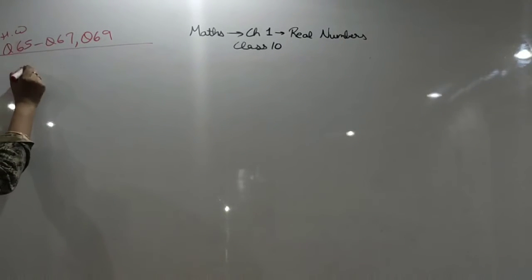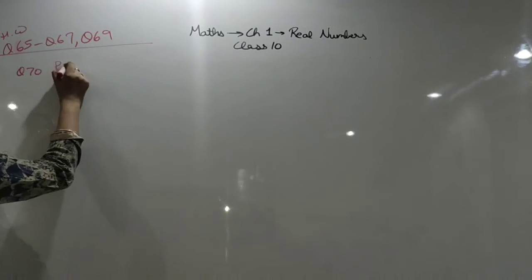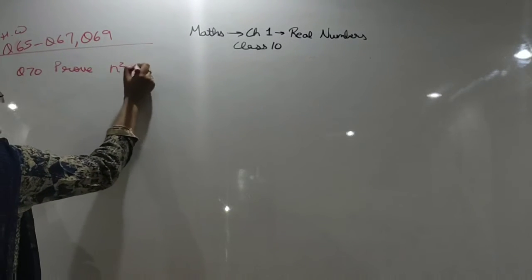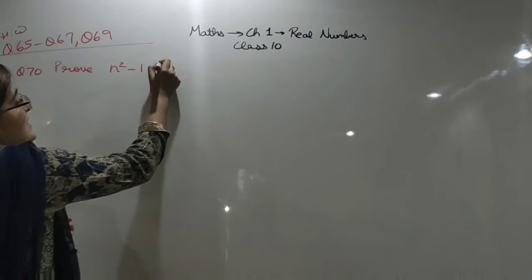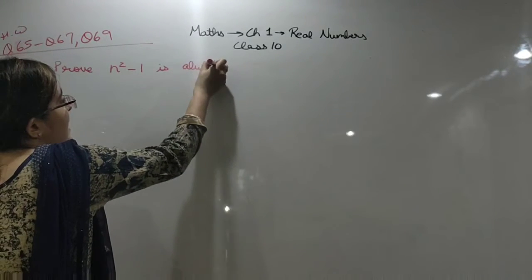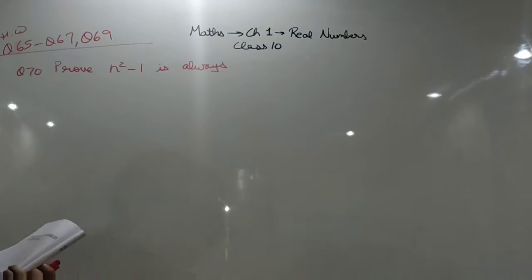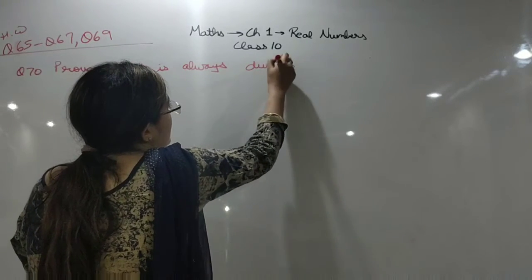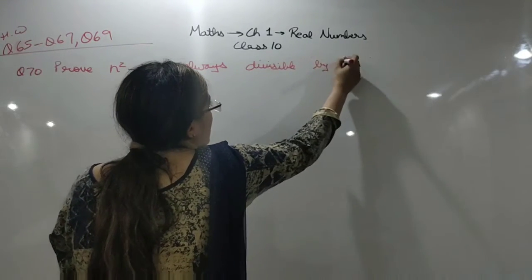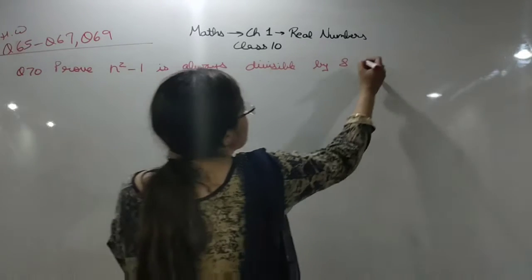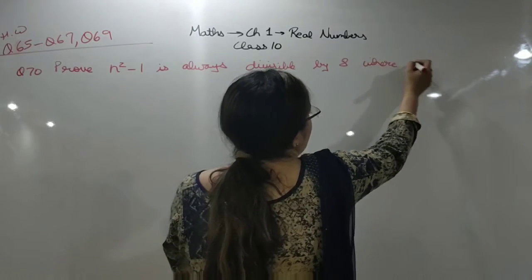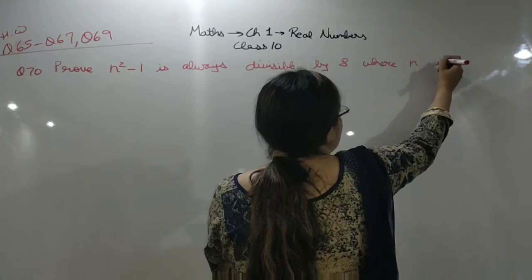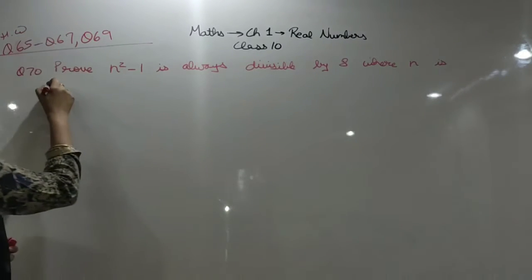Prove that, what you have to prove? Prove that n square minus 1 is always divisible by 8, where n is any odd integer.